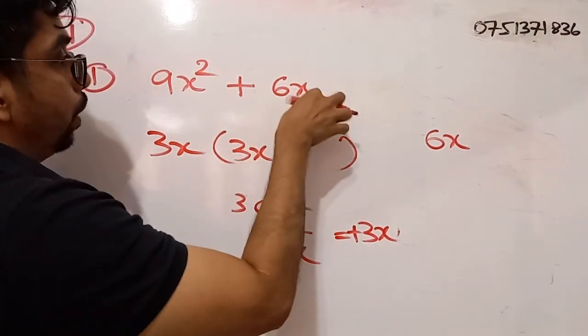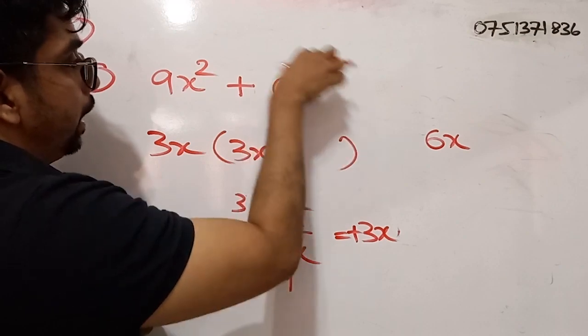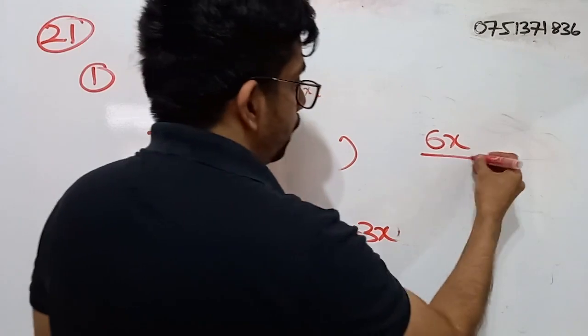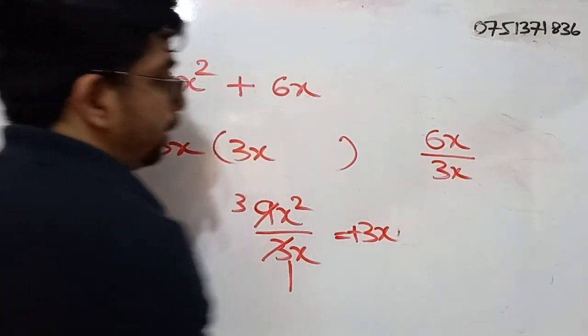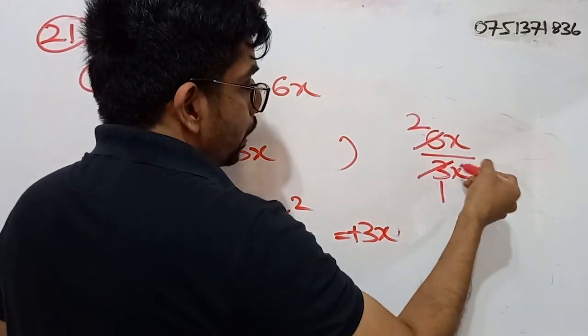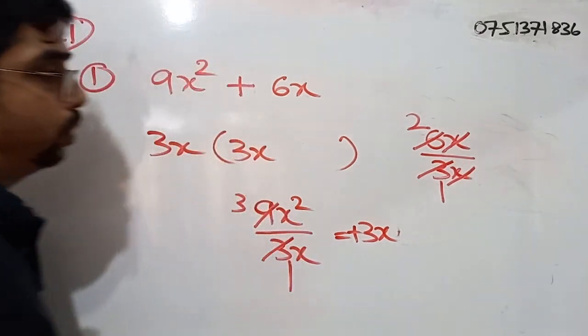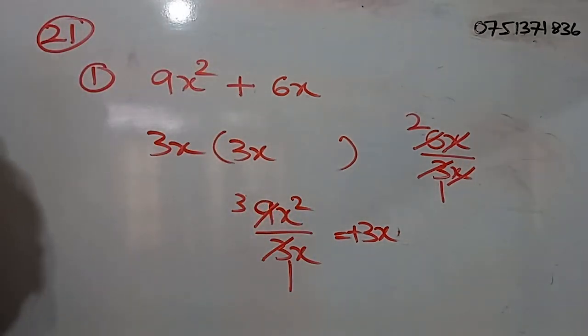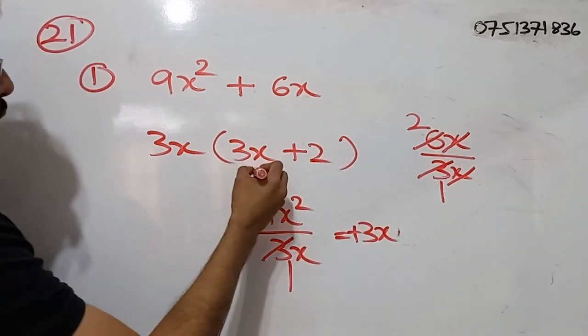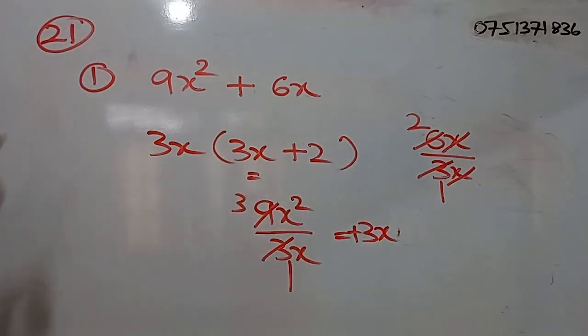In the initial expression that had been given to us, the second term is 6x. So we will divide 6x by the common factor, which is 3x. So 3 times 1, 3 times 2. Here I can cancel off these two x's. So what goes inside the bracket? 2. So this is the final answer for part 1.